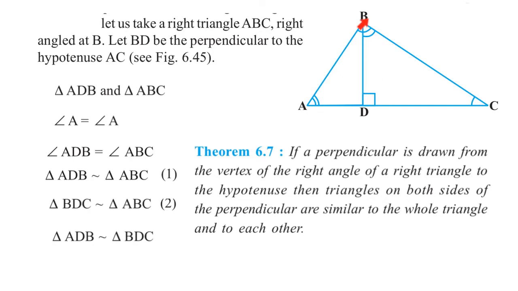So if we draw a perpendicular line from the 90-degree angle of a right angle triangle to the hypotenuse, then each triangle will be similar to each other and they will be similar to the whole triangle ABC. So this is a theorem that we can use to prove Pythagoras theorem. Let us see how we go about proving Pythagoras theorem.